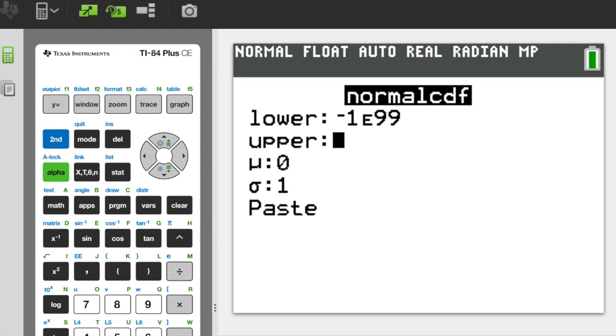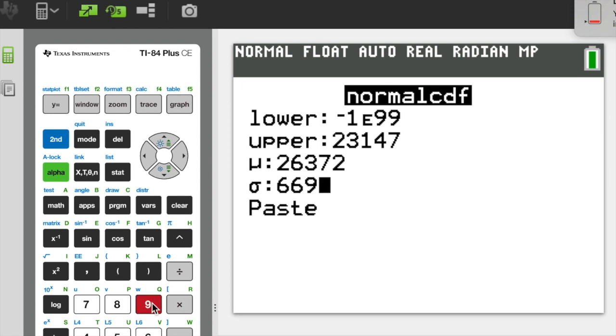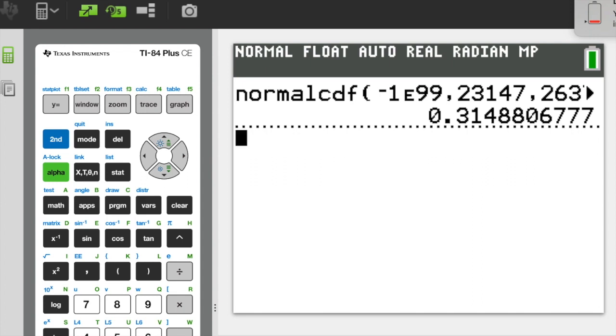Then our upper limit was 23,147. Our mean was 26,372. Standard deviation was 6690. We hit paste and enter, and we see our answer is 0.3149 if we round to 4 decimal places.